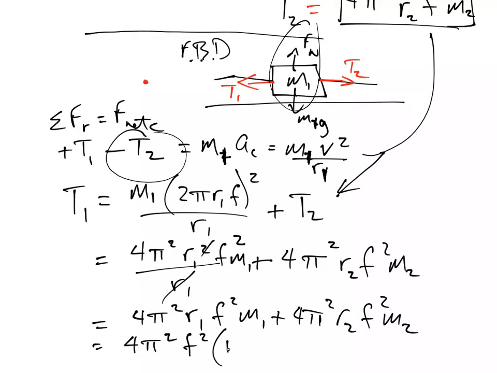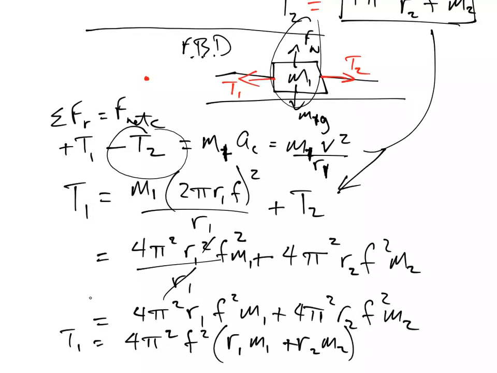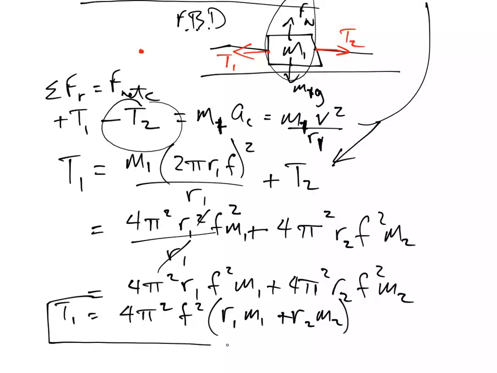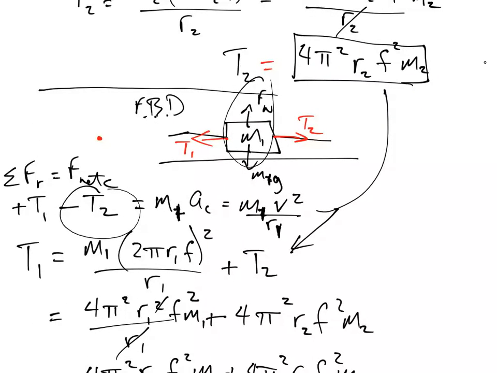And now we can factor it out like this, and that's our final answer for T1. So we're done. That's our final answer for T1, and our final answer for T2 was right there. Hope you enjoyed that problem.